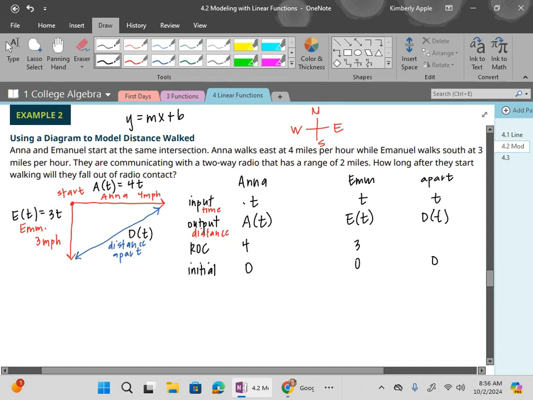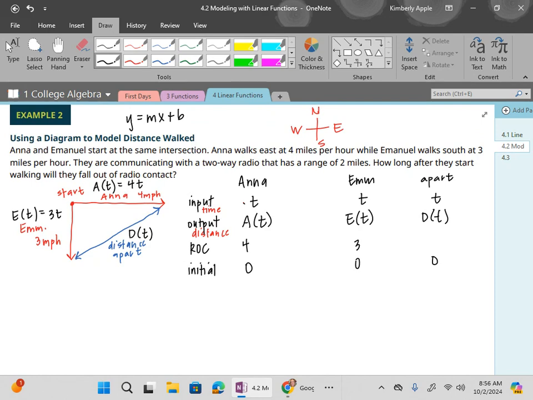Okay. So what you're going to have to recognize here is, what shape are you looking at? Triangle. What kind of triangle? Right. Is there any relationship that will relate those three quantities together? A squared plus b squared. The Pythagorean theorem. So it's the square of one leg plus the square of the second leg equals the square of the third leg.